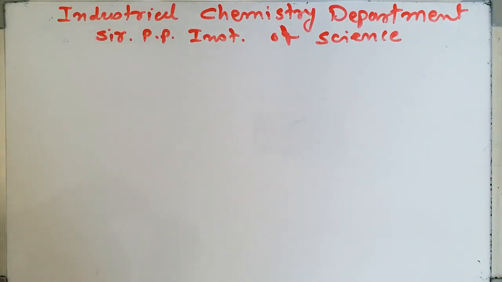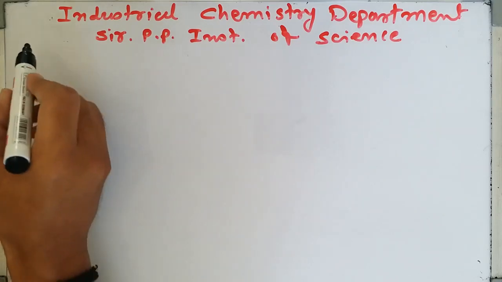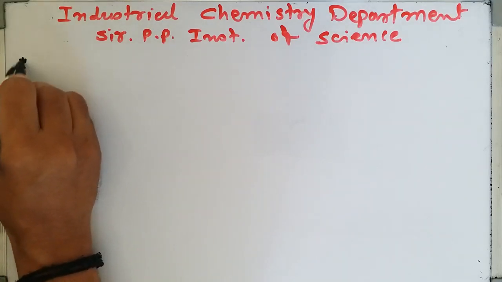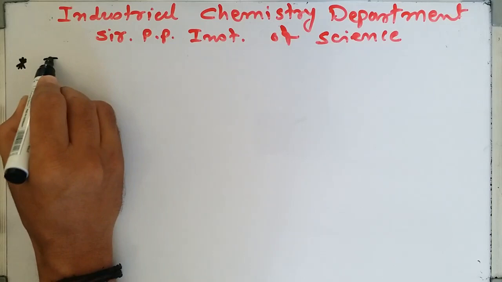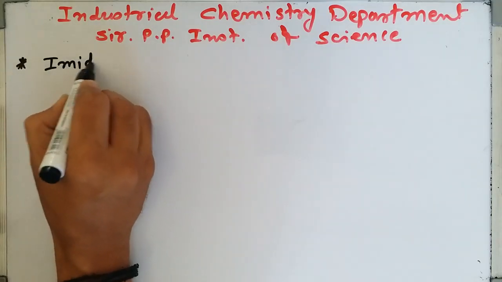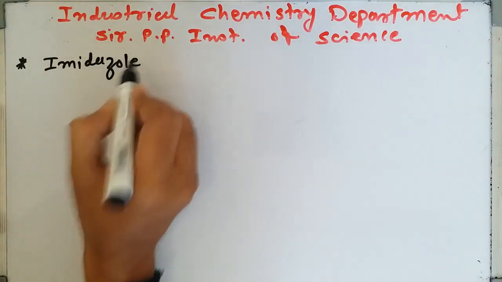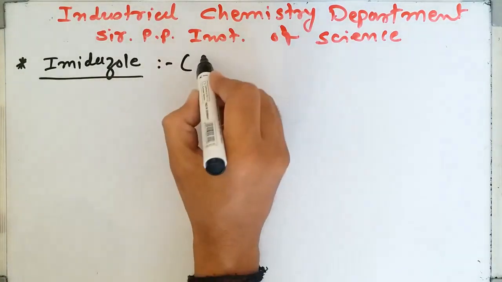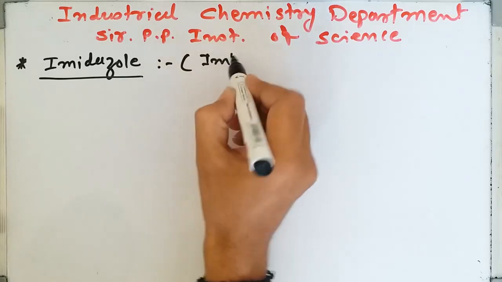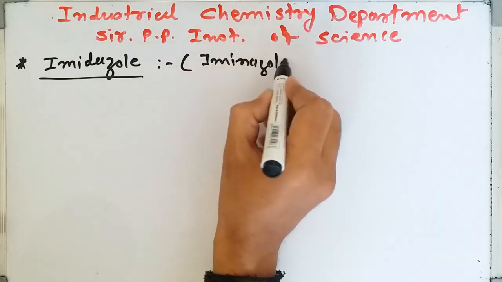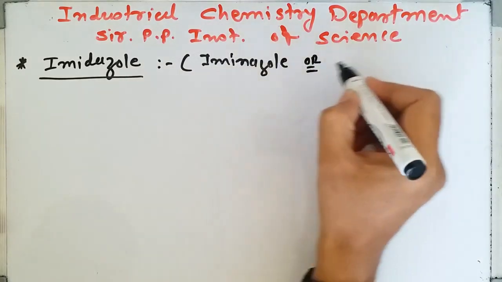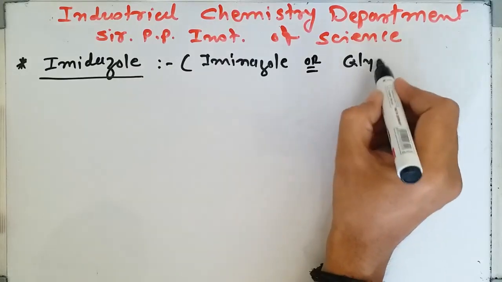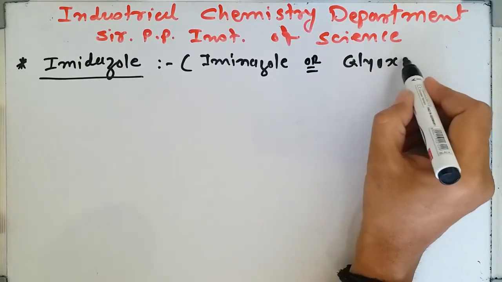So we start with imidazole and continue in our unit 4. Our next compound is imidazole. It is also known as glyoxaline.